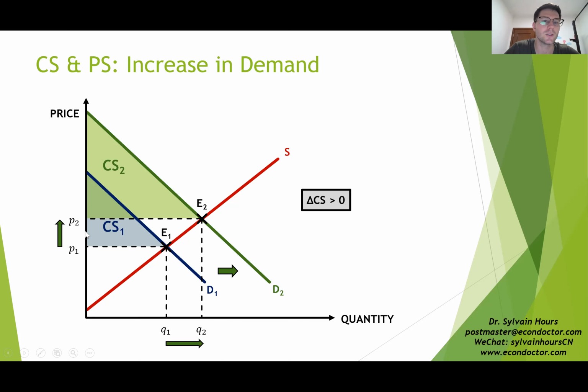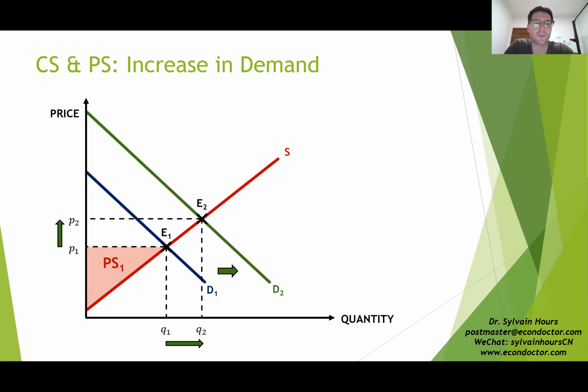So the height of the blue triangle is always less than the height of the green triangle, and therefore the green triangle is always larger than the blue triangle. So keep this in mind. Again, that's only if demand and supply are straight lines, yeah? But if this is the case, if you increase demand, consumer surplus will always increase.